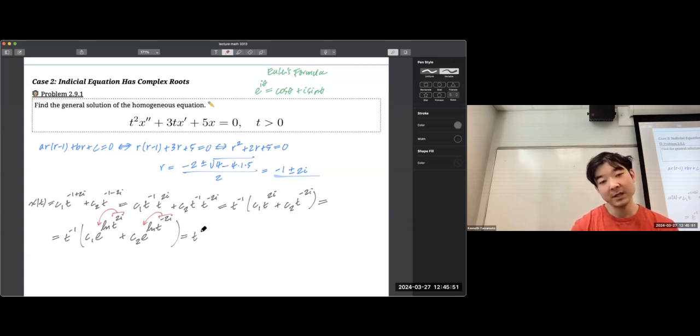So this means that it'll be t to the minus 1 times C1 e to the 2i ln of t, once you pull this in the front, plus C2 e to the negative 2i ln of t. Okay, so now I have it in this exponential form, so it's possible to use Euler's formula.